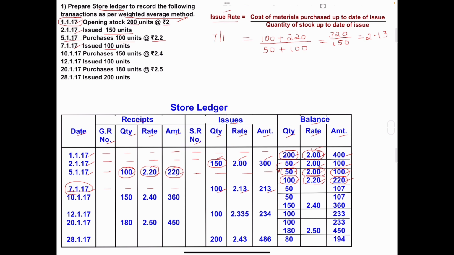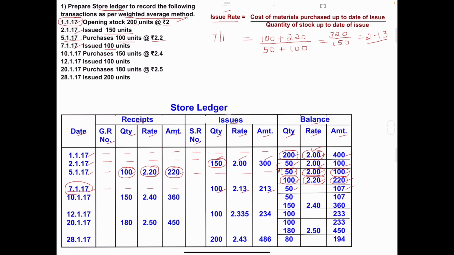See the previous balance total. We had 150 units, 50 plus 100, 150. Out of that, we have issued 100 units. So the remaining quantity is 50. The rate you have to take is 2.13. 50 into 2.13, amount will be 107.